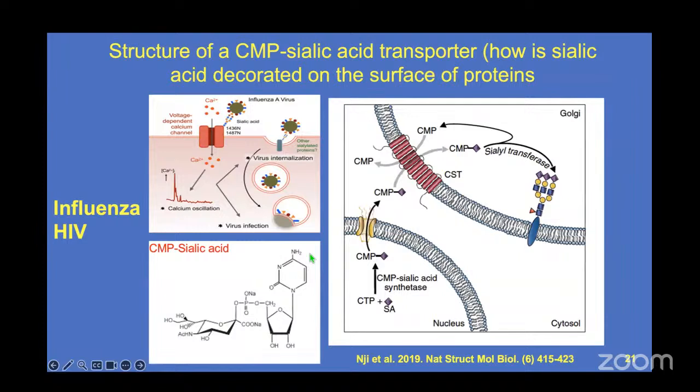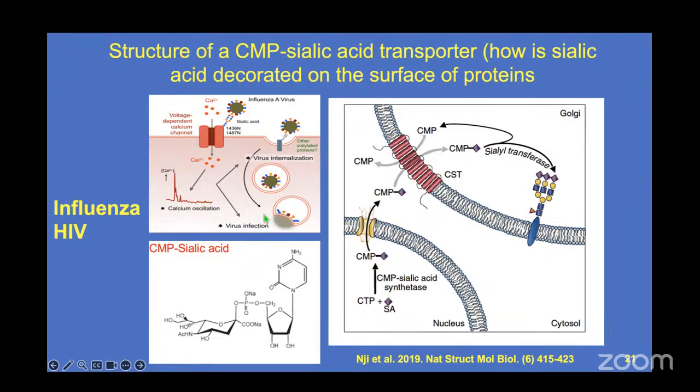So the next example is also one of my research. So most viruses such as HIV and influenza, they rely on sialic acid on the surface of glycoproteins to be able to attach to the cell and release the viral content. So how the sialic acid is decorated on the surface of this glycoprotein was unknown.